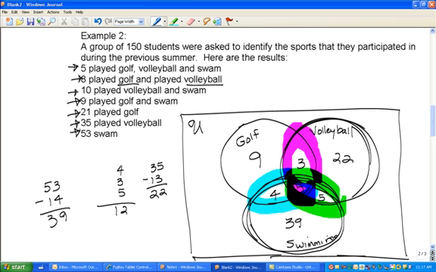Okay, now we know we started with a group of 150. The question is, how many do we have in the diagram thus far? Alright, so we've got to add 9, 3, 22, 4, 5, 5, and 39. Okay, 12, 14, 18, 28, 37.